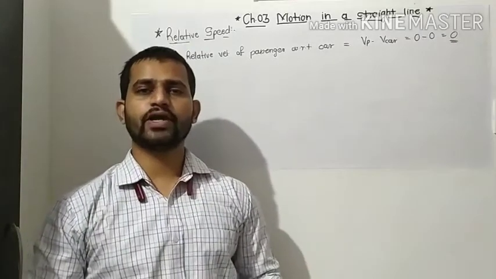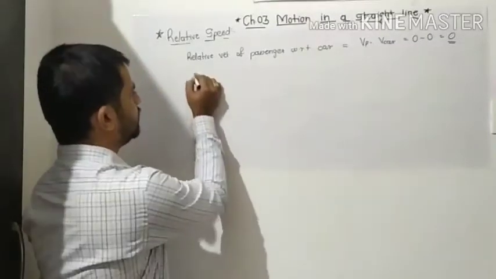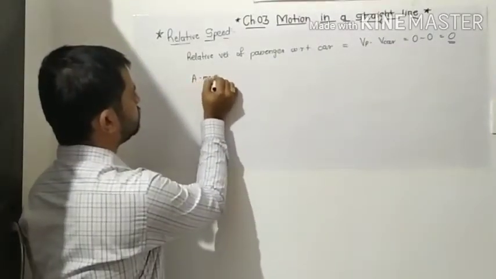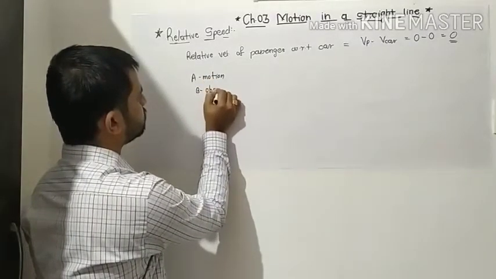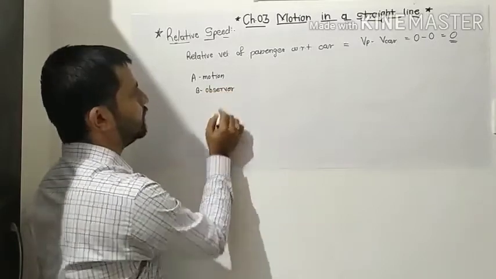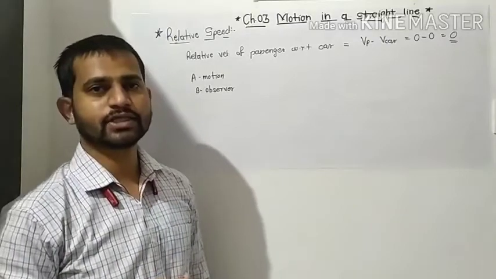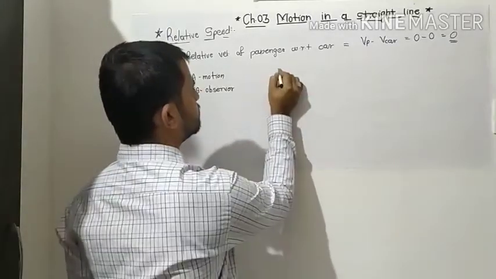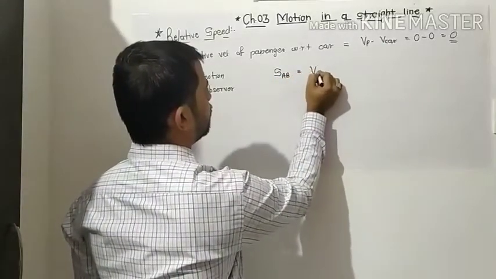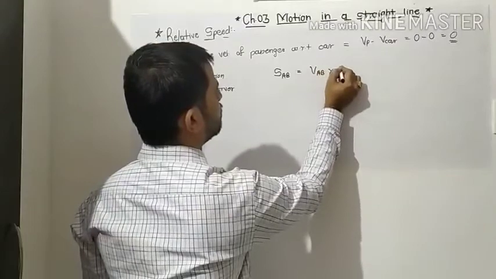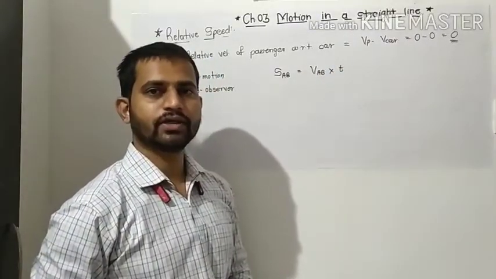Now if we have to find out the relative distance between the two bodies, suppose there are two bodies, body A is in motion and body B is the observer, then what we have to do? Relative distance is equal to the relative velocity of A with respect to B into the time, okay.